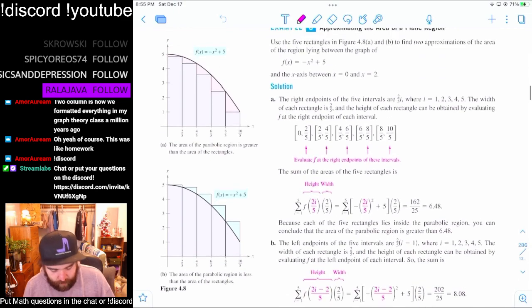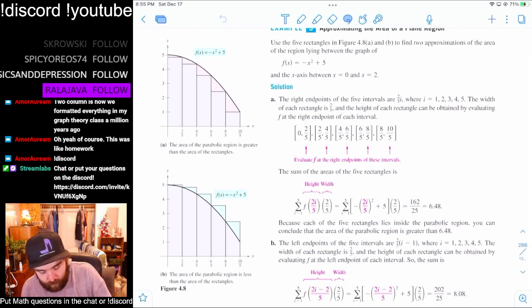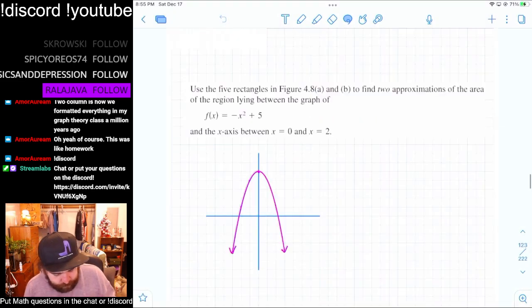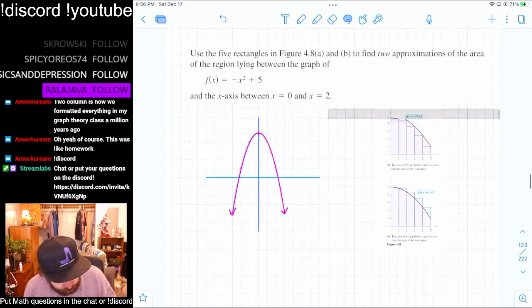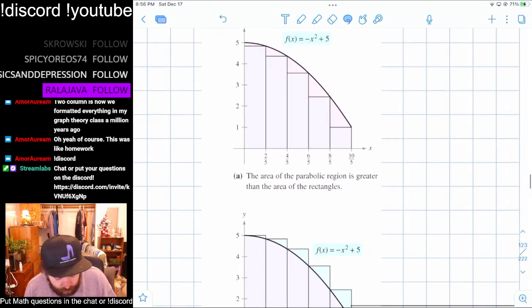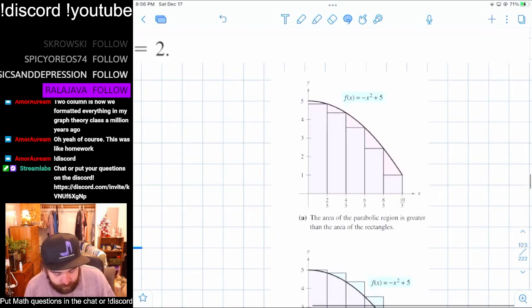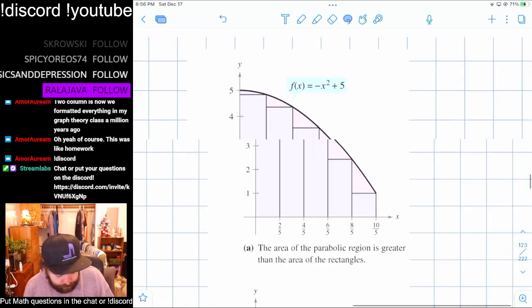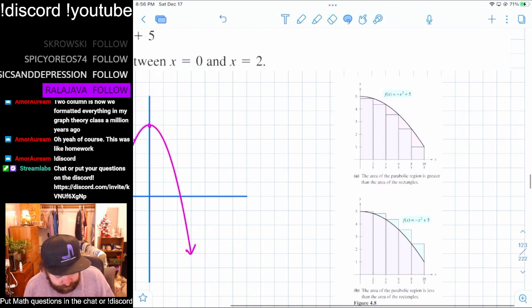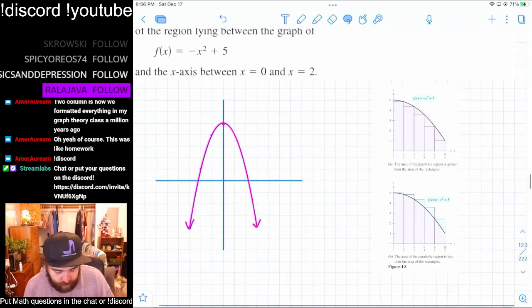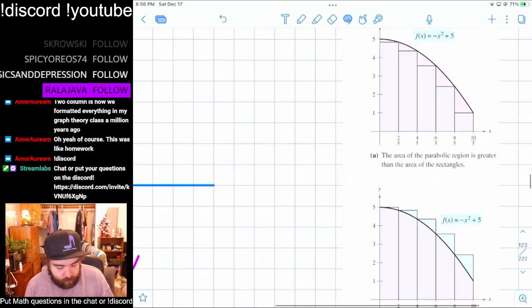We can explain a lot through this picture. Notice they have their parabola, their black line. They're looking from 0 to 2. That's why it doesn't go to the end, just like ours doesn't go to the end.